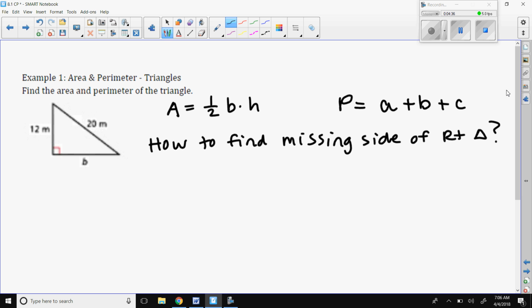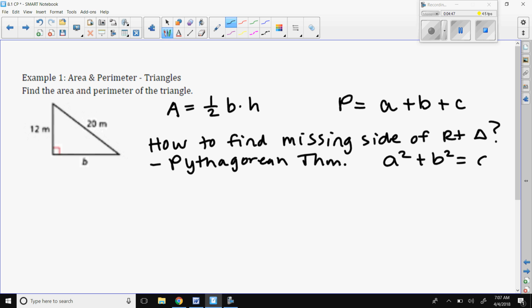Okay, that's the question. The answer is going to be the Pythagorean theorem. Okay, A squared plus B squared equals C squared. This is something that we should definitely know already.